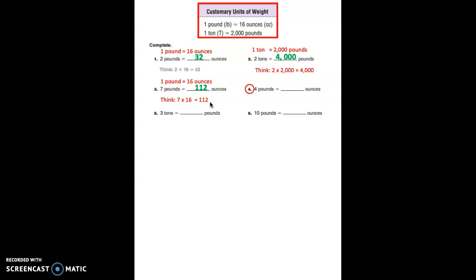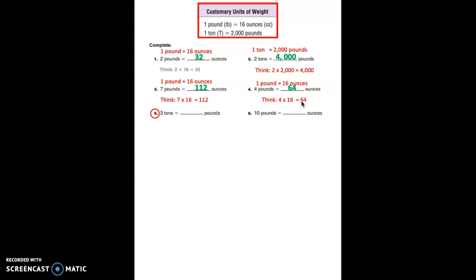Number 4, 4 pounds equals blank ounces. I know 1 pound equals 16 ounces, so I need to multiply 4 for the 4 pounds times the 16 for the 16 ounces equals 64. So 4 pounds equals 64 ounces.